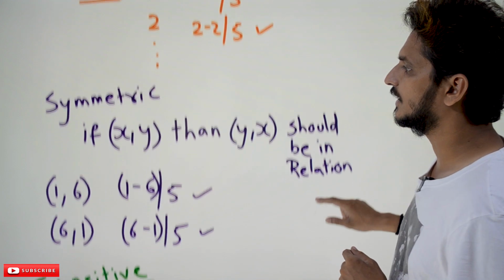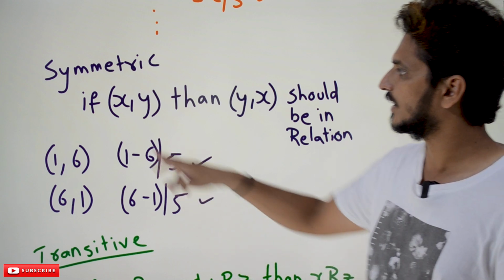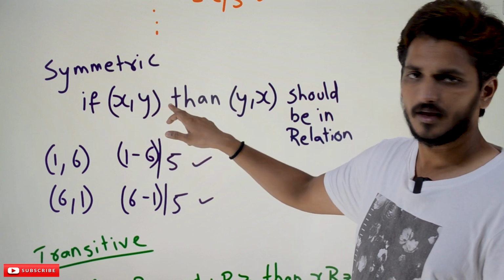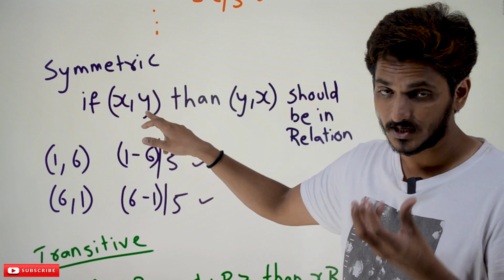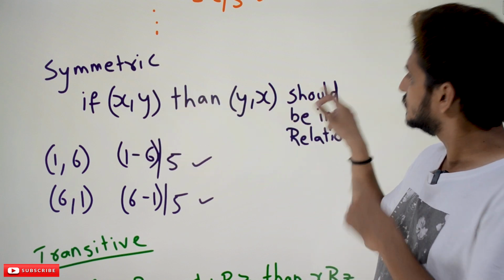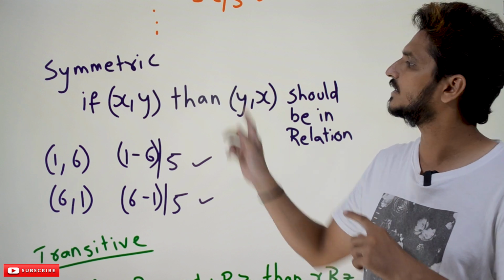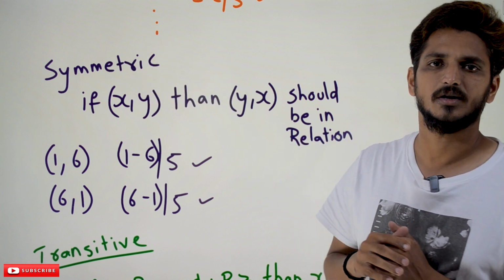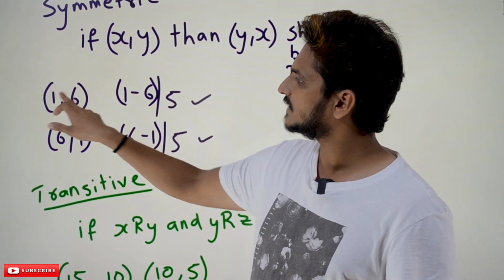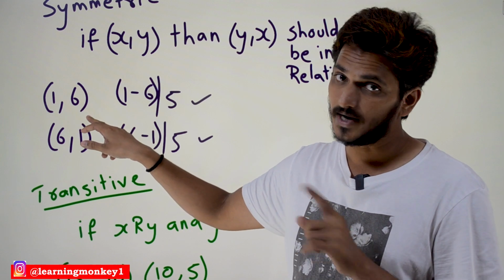Check the next property. Is it a symmetric relation? Yes, it is a symmetric relation. What is a symmetric relation? If (x, y) is an ordered pair that belongs to our relation, then definitely (y, x) should be in our relation. If it satisfies this property, then we say it is a symmetric relation. Let's check. Take an example, (1, 6). 1 minus 6 is minus 5.